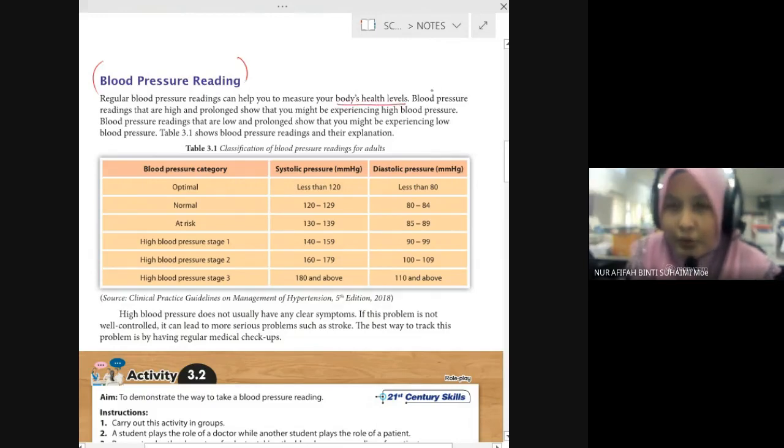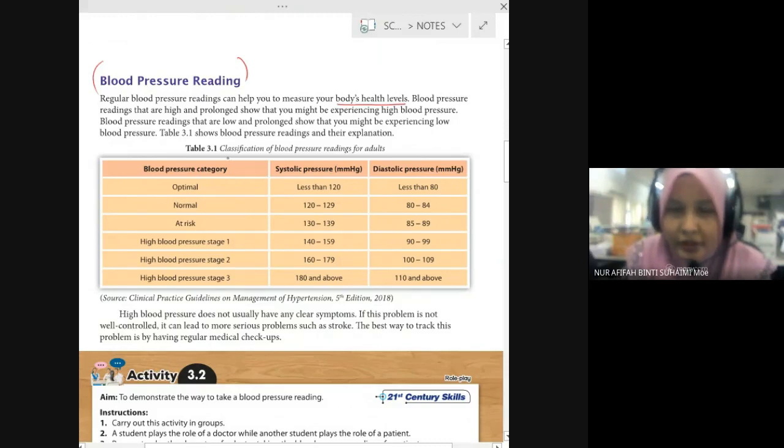The person who has high blood pressure has a higher risk of heart attack. Same if they have a lower than normal reading of blood pressure, also a high risk of high blood or lower blood pressure problems.